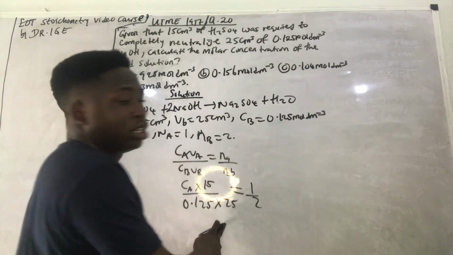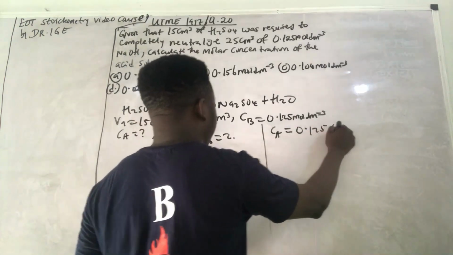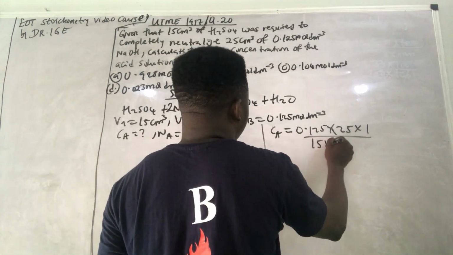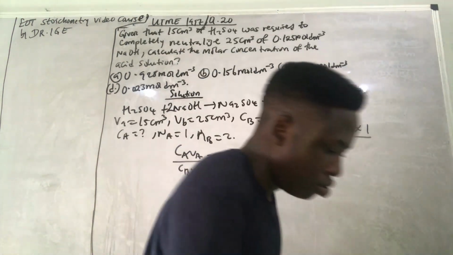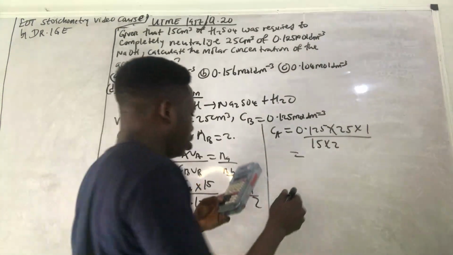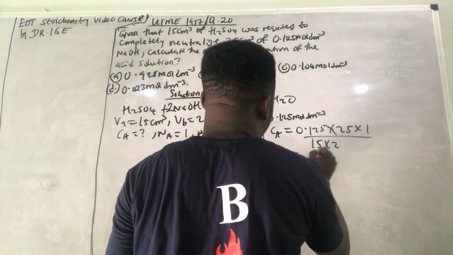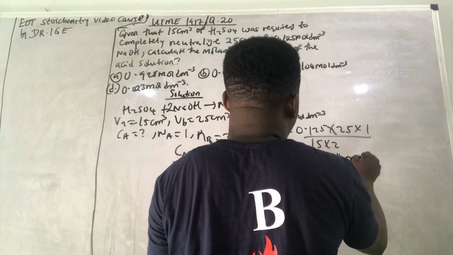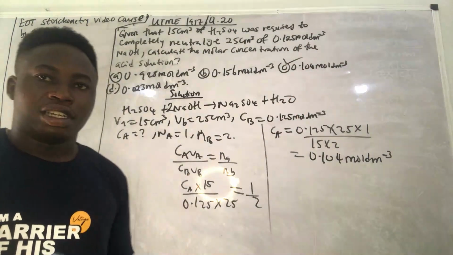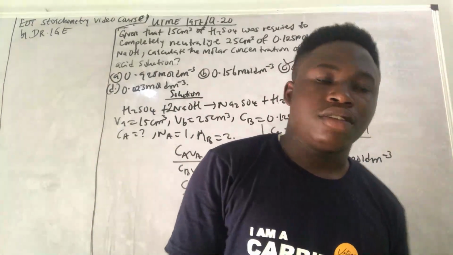So CA equals 0.125 times 25 times 1, all over 15 times 2, which is 0.125 times 25 times 1 divided by 30. That's 0.104 mol per dm³. Is that in the options? Yes, that's option C. It's as easy as what we just solved. Right, so let's go to the next past question.